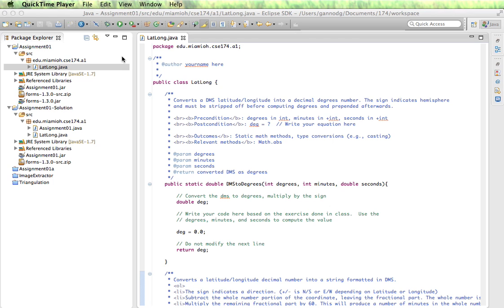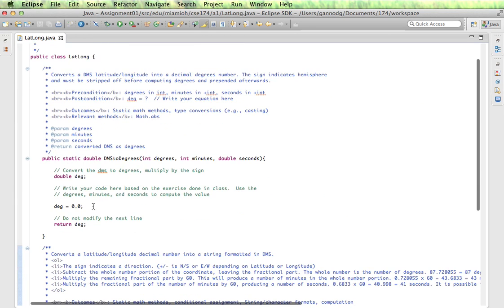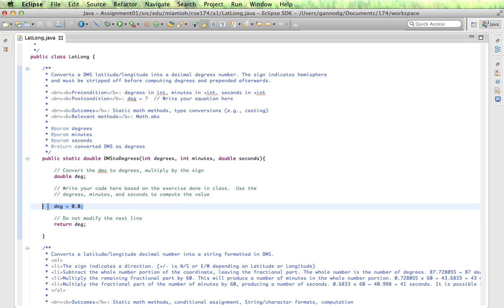What I have here is the starting program that you were given, and what you have to do is implement an equation that computes degrees. And this was part of what you did on the worksheet. You had to write this out in equation form, assuming that you had the input of degrees, minutes, and seconds.